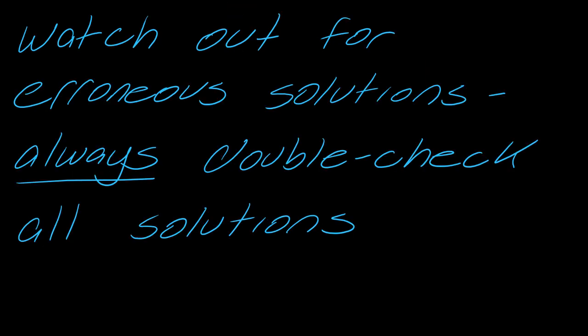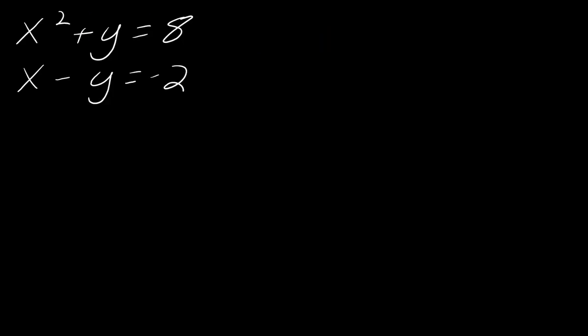The one thing you want to watch out for is erroneous solutions. You always have to double check all of your solutions, because it's possible with these types of systems that you'll find a solution that doesn't actually work, and you won't know until you plug it back in. Okay, so let's jump into a bunch of different types of equations and I'll walk you through some of the solving strategies.